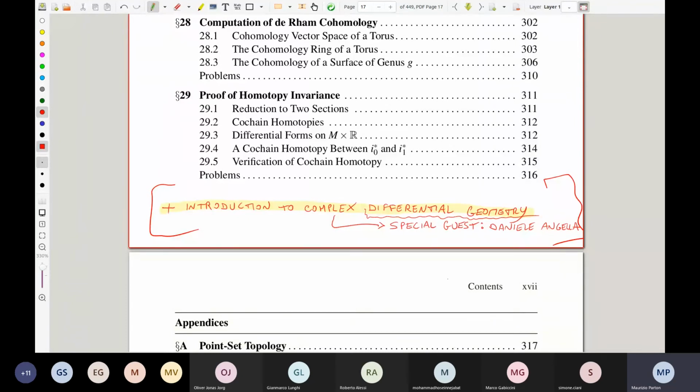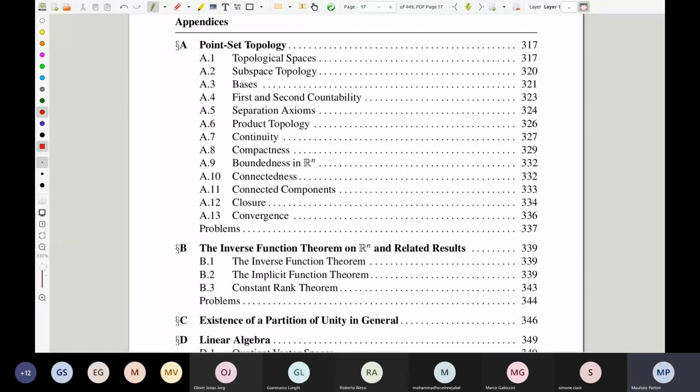Correspondingly, we have a real differential geometry, which is the topic of the first 4 lectures of this course, and we have also a different branch of differential geometry, which is called complex differential geometry. And also, I should add, maybe symplectic geometry. We are still deciding the topic of the last lecture.